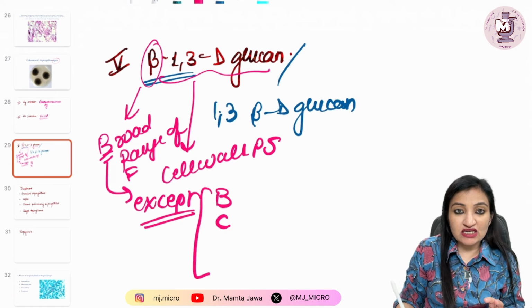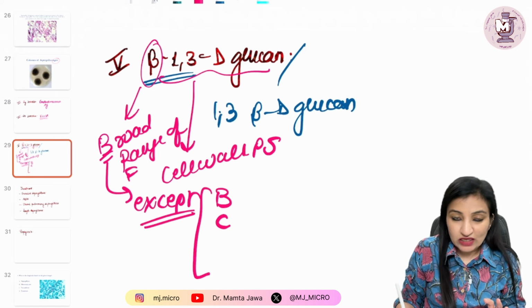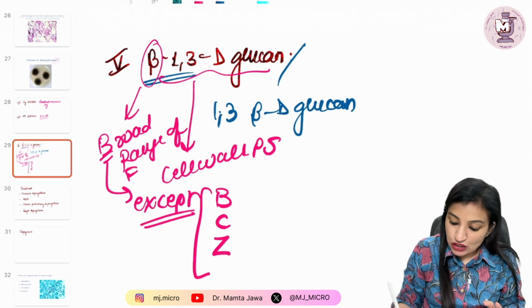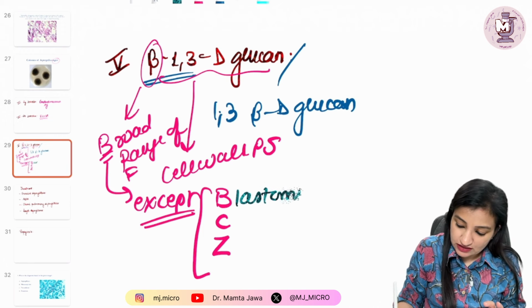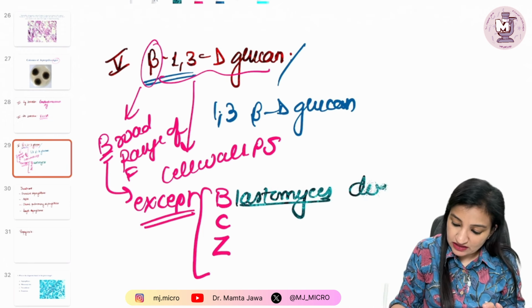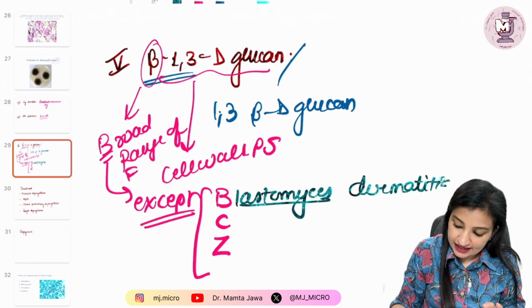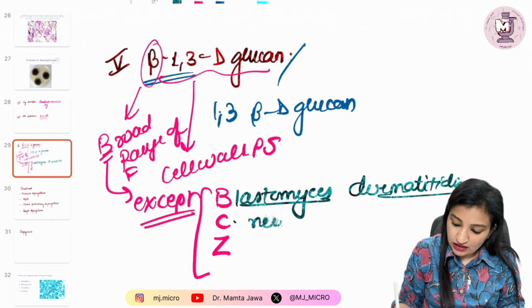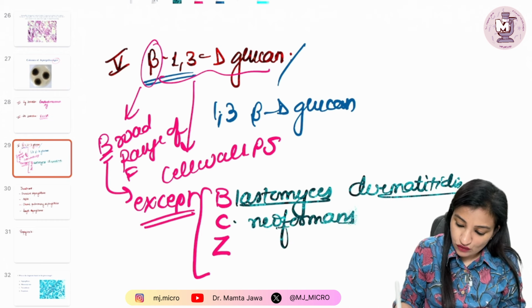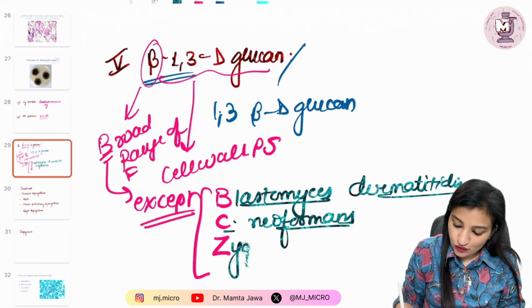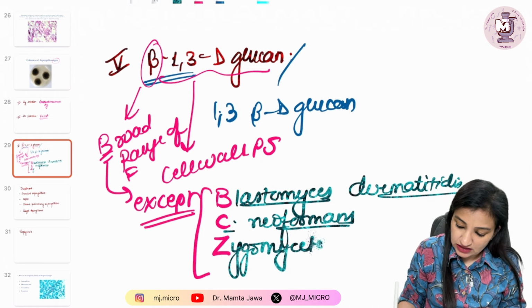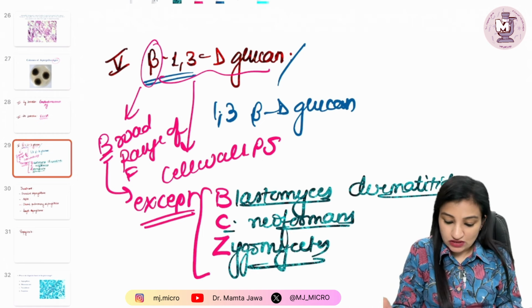Remember, the exceptions also begin with a B. So what are the exceptions? B, C, Z. B stands for Blastomyces dermatitidis, C stands for Cryptococcus neoformans, and Z stands for Zygomycetes. Okay? So please remember these exceptions.